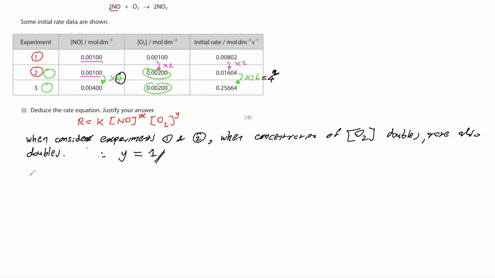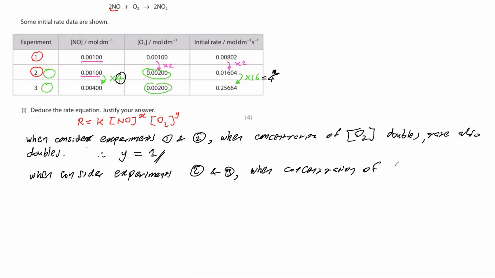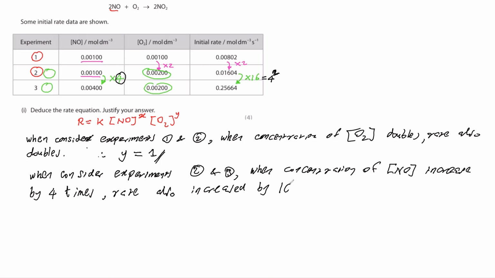Okay, let's write that one. So we can write, consider experiments 2 and 3, when concentration of nitrogen monoxide increases by 4 times, rate also increases by 16 times.